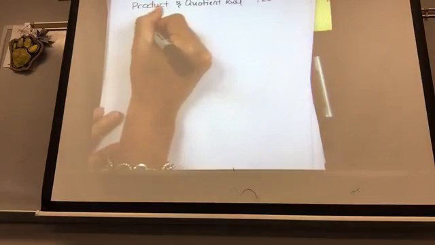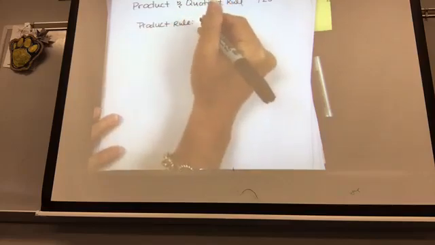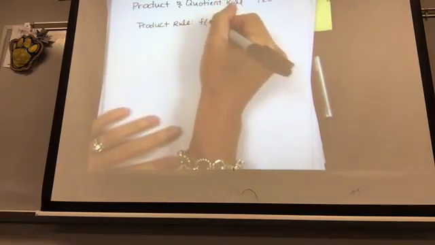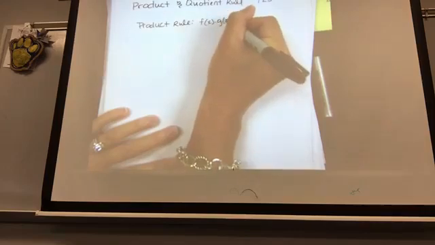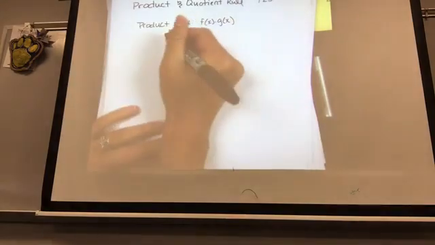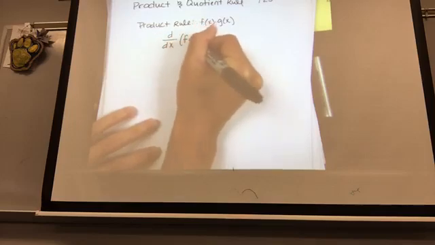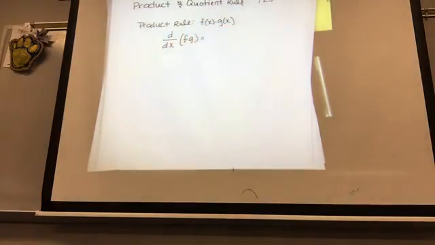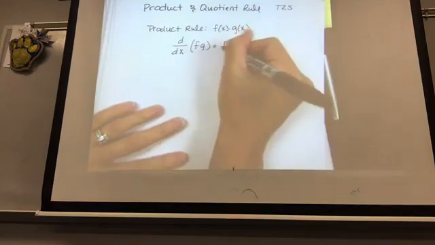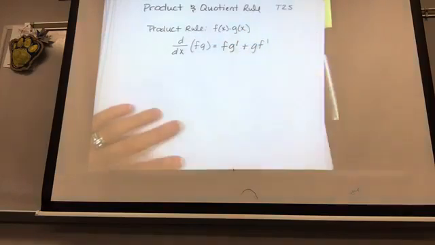Alright, so the product rule, we'll start with that. If I have f of x times g of x, that's when I would use this rule. I'm going to write it as the derivative d over dx of f times g is equal to the first times the derivative of the second, plus the second times the derivative of the first.